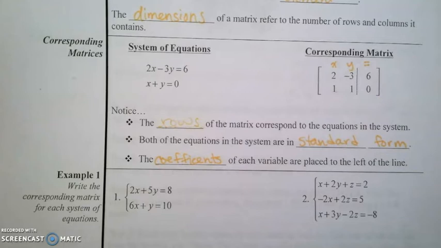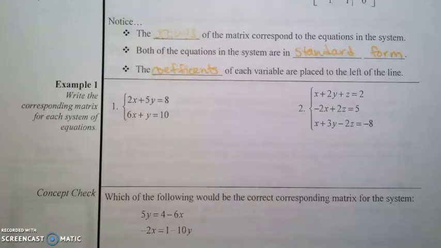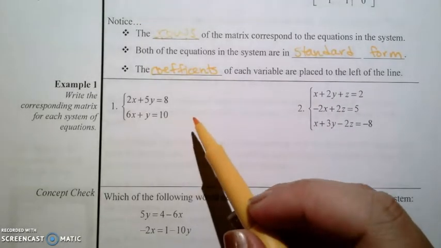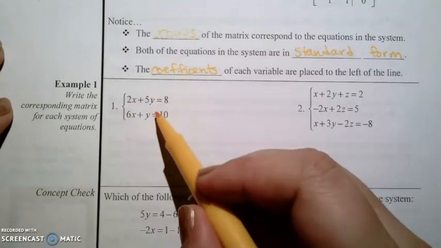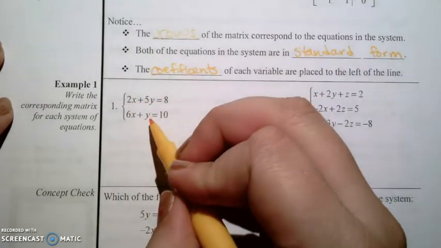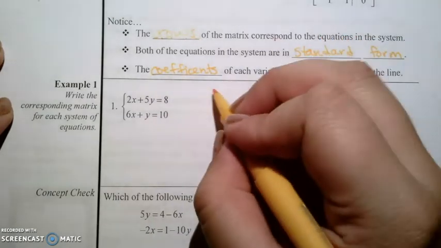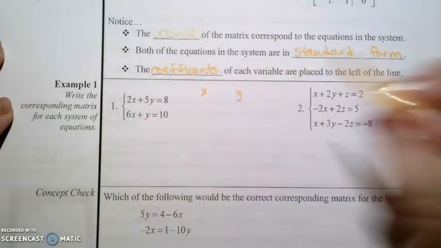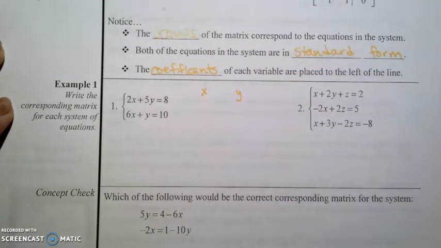All right, let's take a look at the example. All right, so I want to write example 1 as a matrix. That means I have 2 equations, I need 2 rows, and I'm only listing the coefficients. So as a guide, I could put an x and a y here as just kind of a reminder. They're not part of the matrix, but they're a good way to set up my matrix.